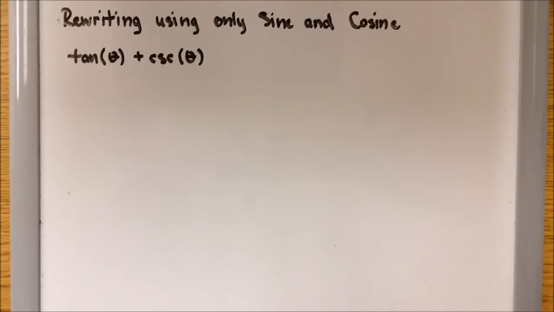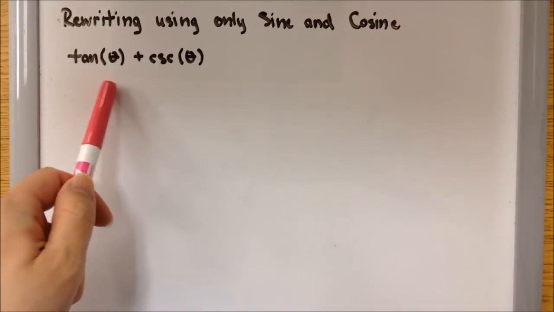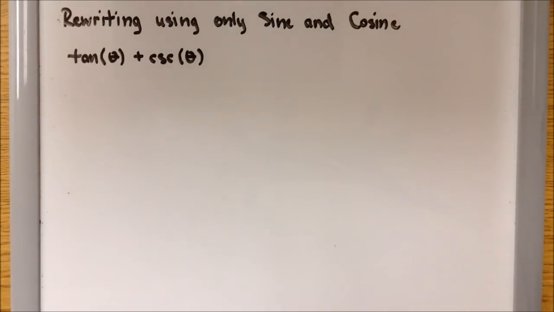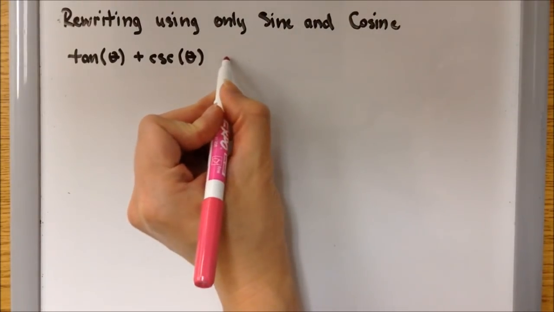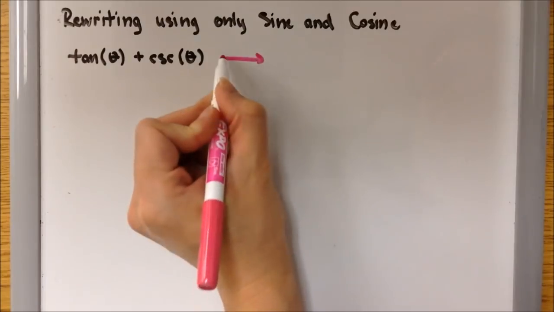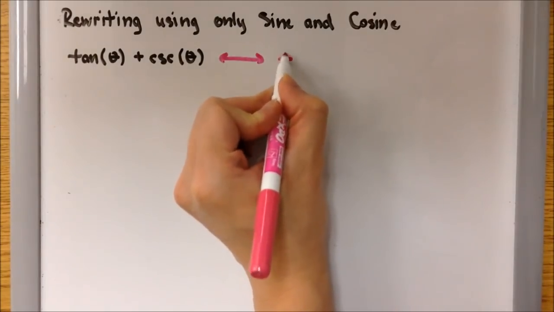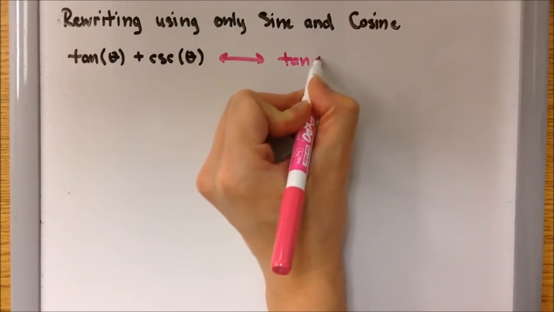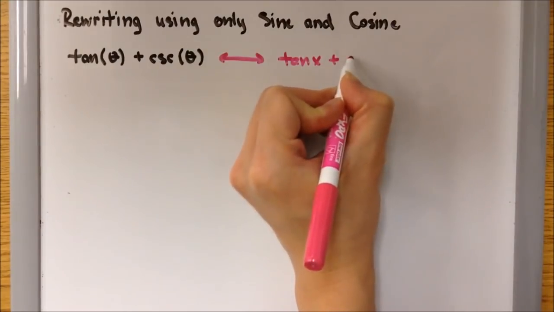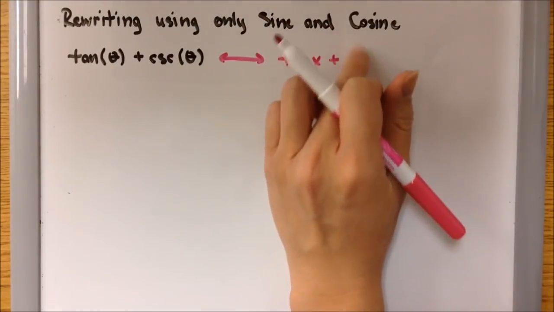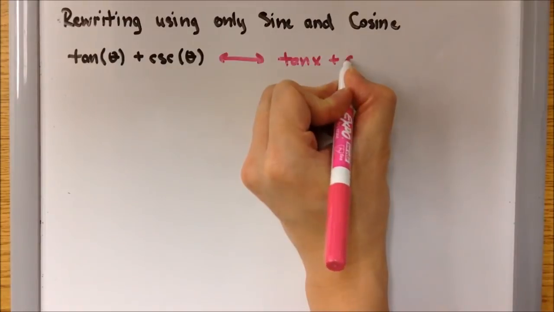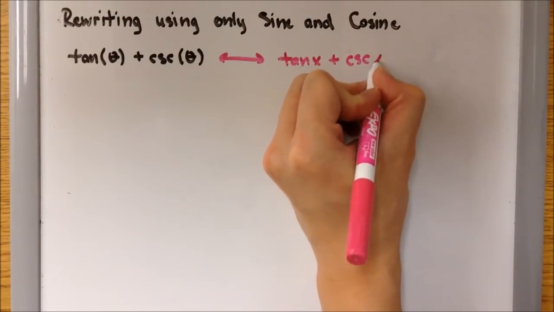Now, in this example, we have tangent theta plus cosecant theta. There's something I want to add first. Even though it's using theta, you can rewrite it as x. So, tangent x plus cosecant x.